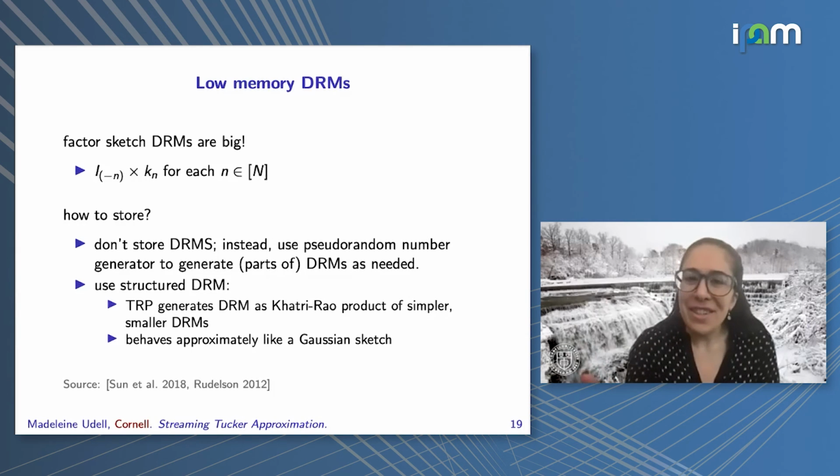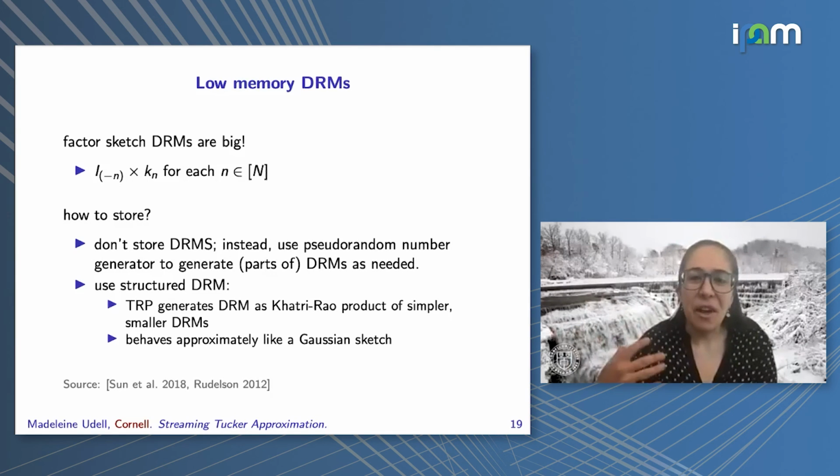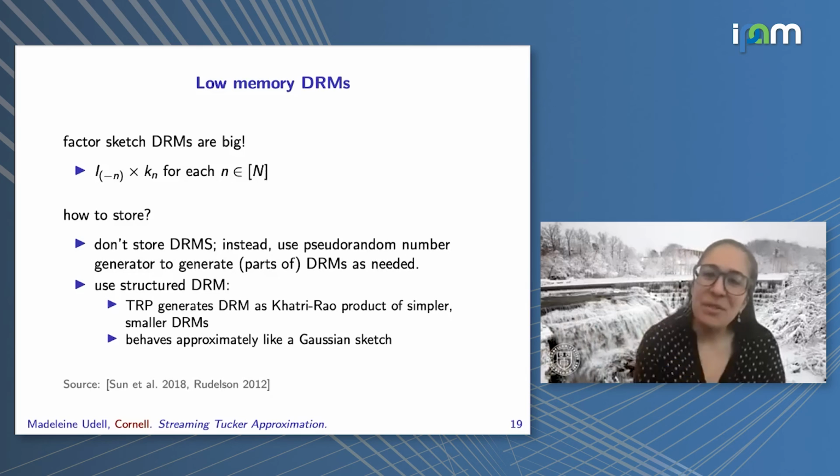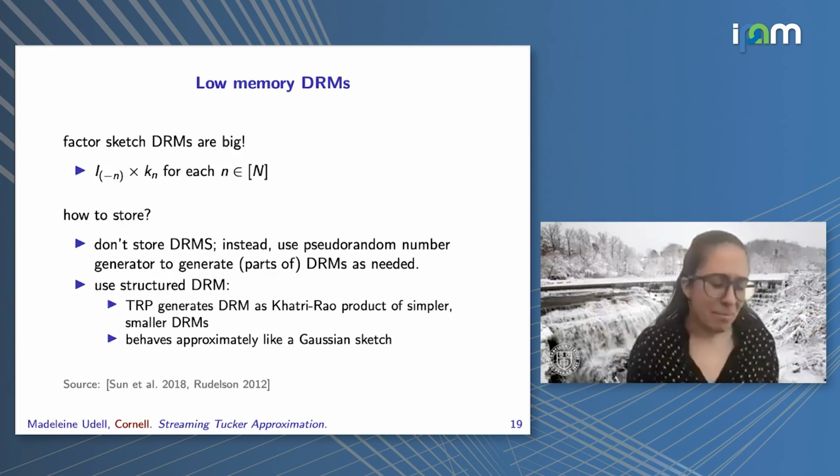The other nice thing about it is that it is itself a kind of Tucker factorization object, and so it plays really nicely with the fact that we're taking randomized sketches of matricizations of tensors. So it makes it actually easier to compute.